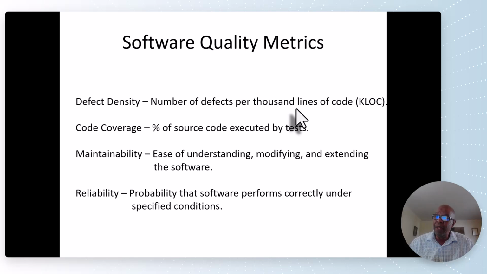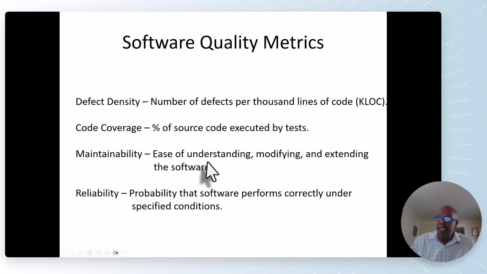Code coverage is the percent of source code executed by the test. If I run a series of tests and I'm covering 50% of the lines of code, then I have a problem. I don't have coverage of everything in the program, and I'm not going to have confidence from the user that 50% source code coverage is giving me a good product.